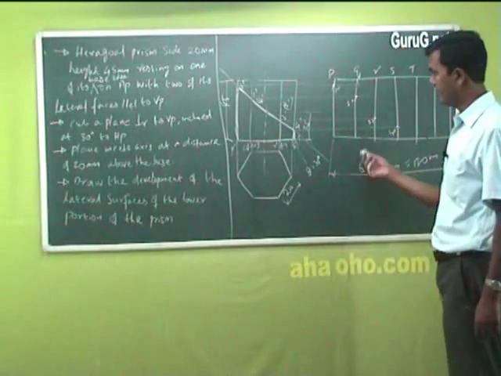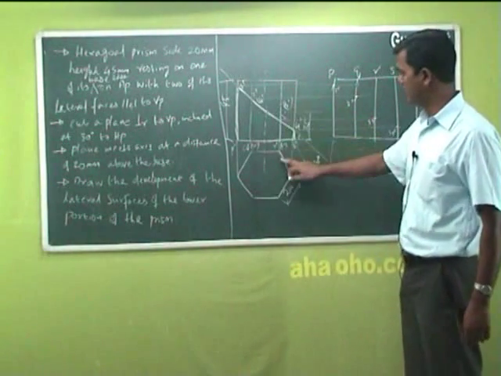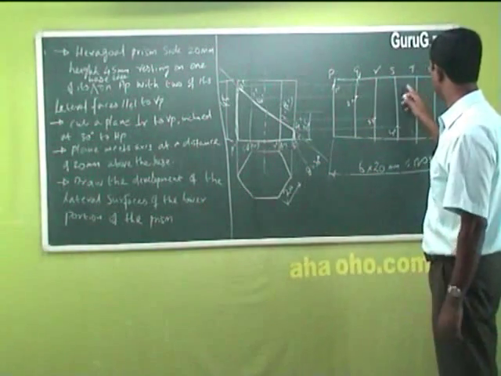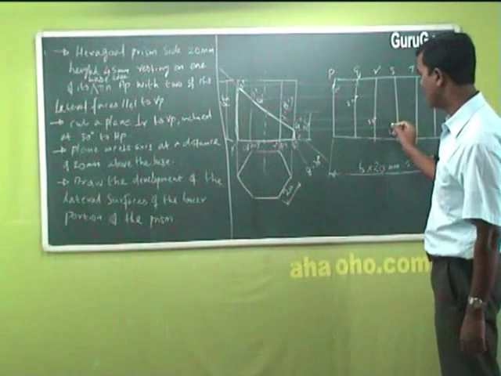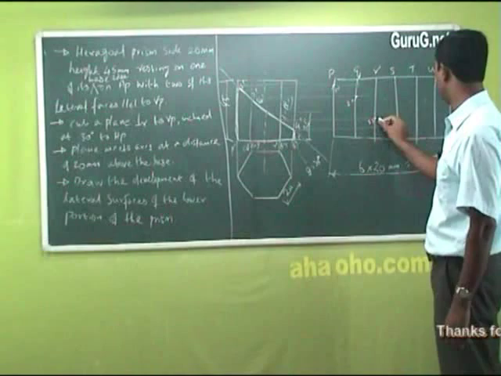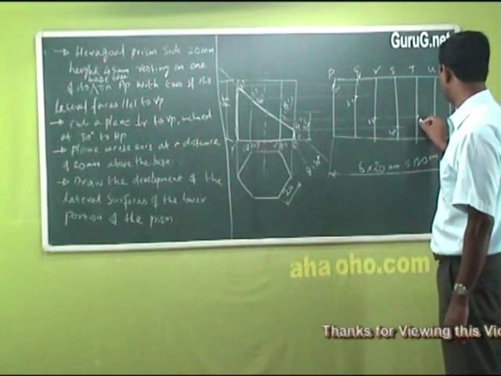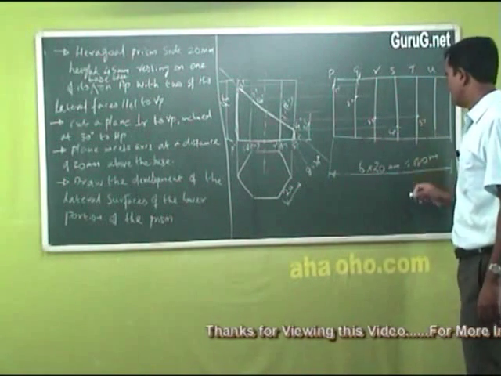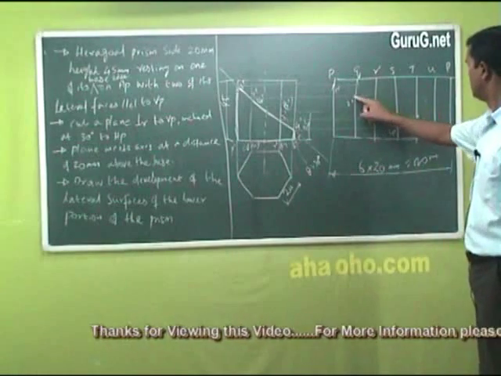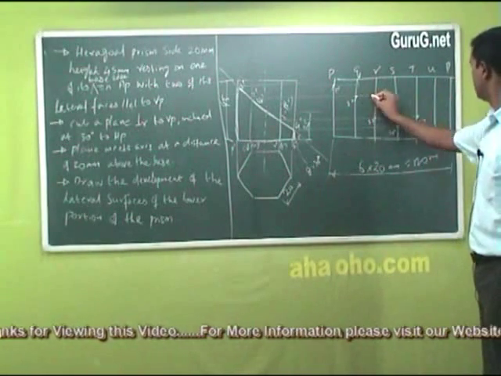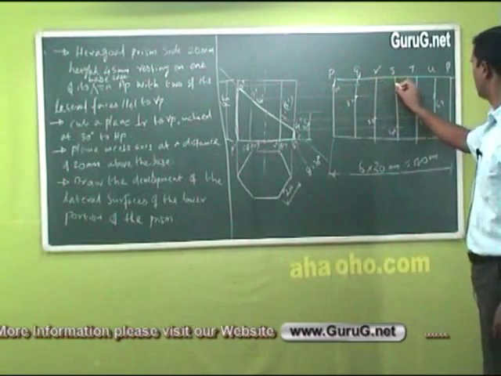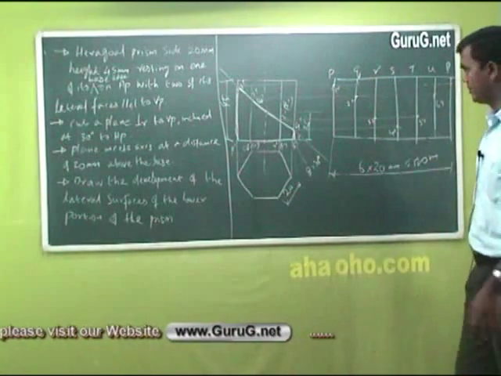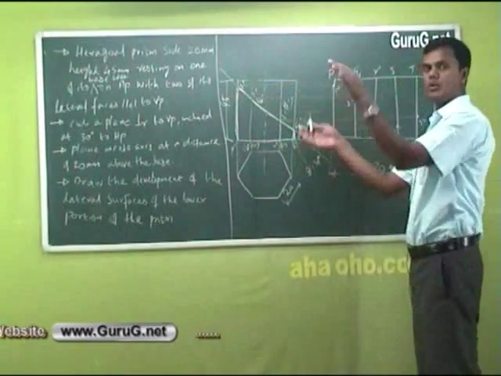Then number 5 goes under T. This T here, again which one? Number 5. So extend this line and write here 5 double dash. And 6 goes under U. You extend this line, 6 double dash. Then last, 1 will close with P again, because this is a closing end.